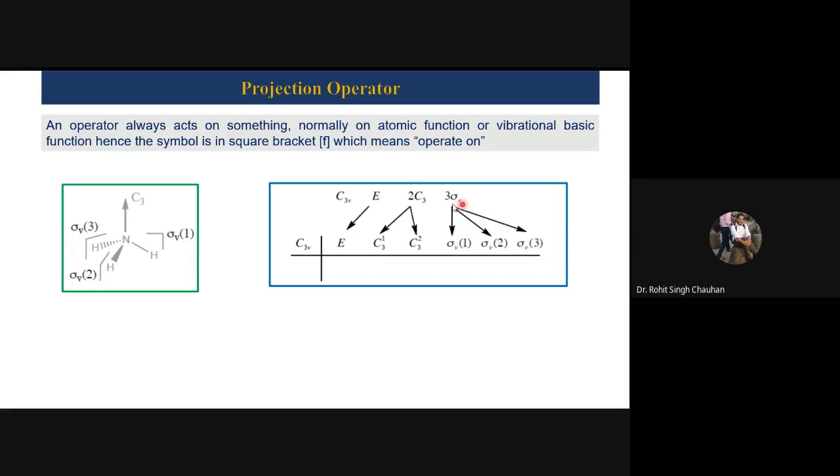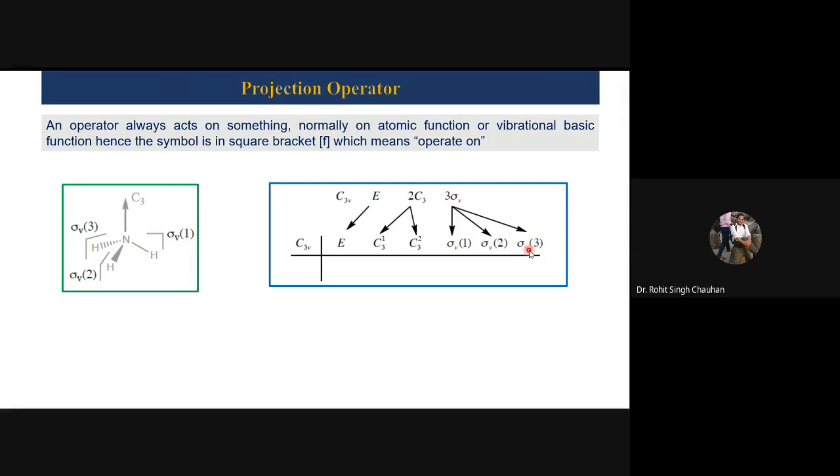You need to segregate this sigma v. Since E is 1, there is no meaning of segregation. That's why we'll write it as E. But here it is 2C3. So in that case, what we'll write? C3 1 and C3 2. Similarly, in case of sigma v, what we will write? Sigma v1, sigma v2 and sigma v3.